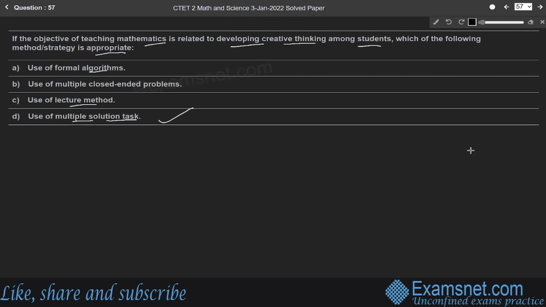As the task is capable of obtaining multiple solutions, the children will come up with multiple solutions according to their thinking capacity. Here, as there is no one fixed solution, every student will think in his own method to arrive at the solution, which enhances creative thinking. Hence, option D is the right answer: use of multiple solution task.